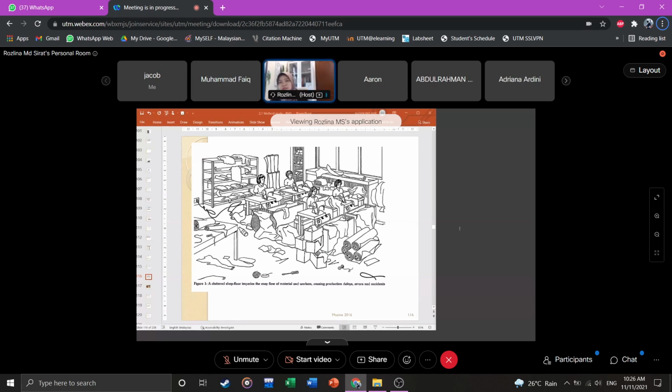If Japan, they use seiri, seiton, seiso, seiketsu, and shitsuke.